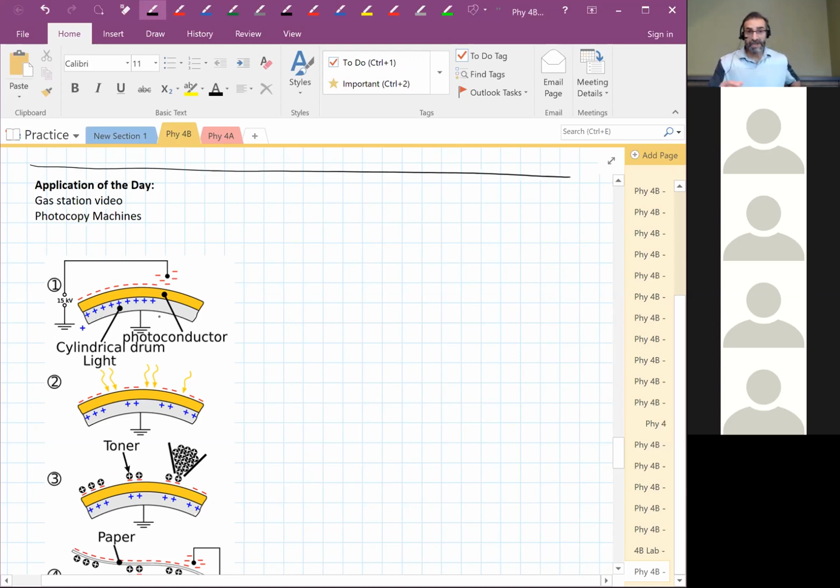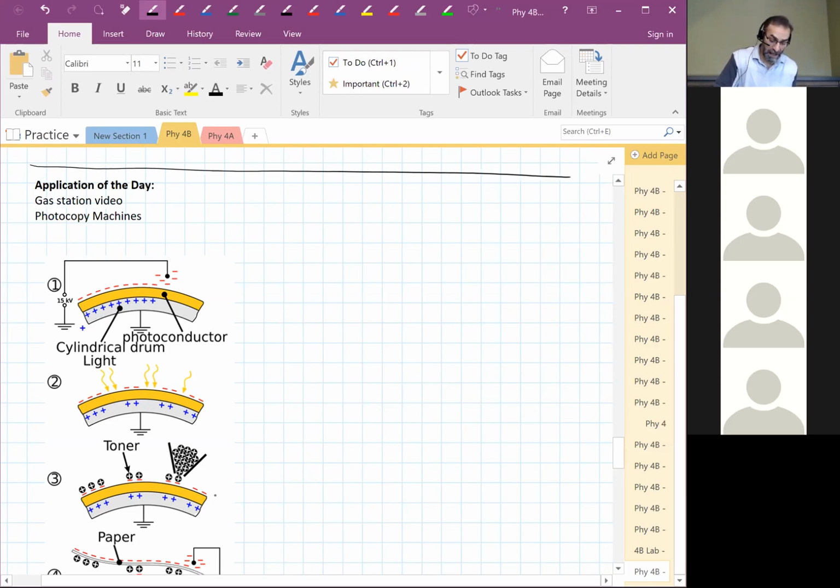And then you shine light on a piece of paper, and the black ink absorbs the light, and the white part of the paper reflects it. So every place that was white gets exposed to light here, and that electric charge goes away. Then you sprinkle charged particles that contain ink, that's your toner, right?